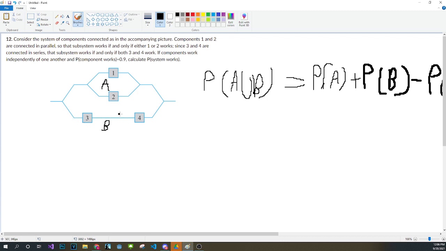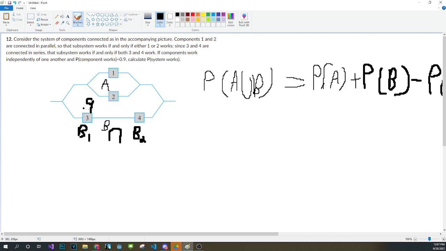B is going to be your easiest one because this one is contingent on this one. Therefore, B of 1 and B of 2 have to work, so you can just multiply them.